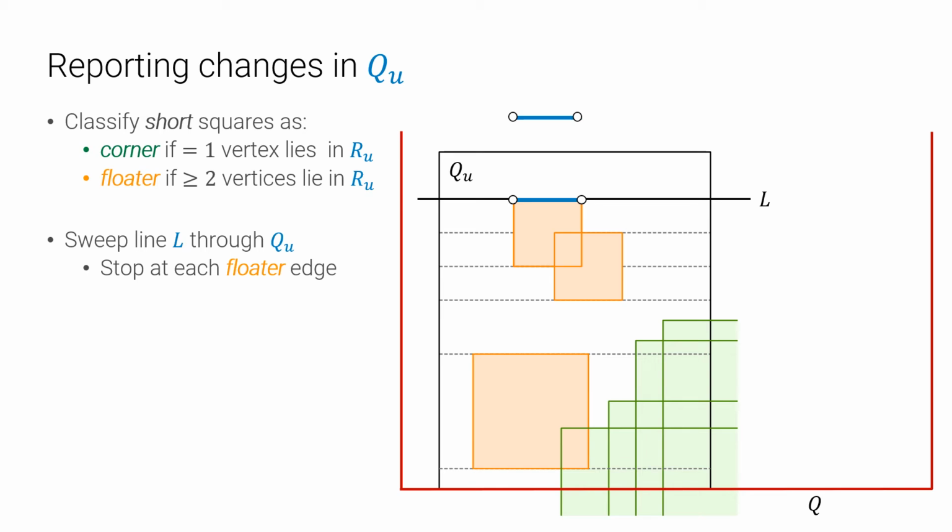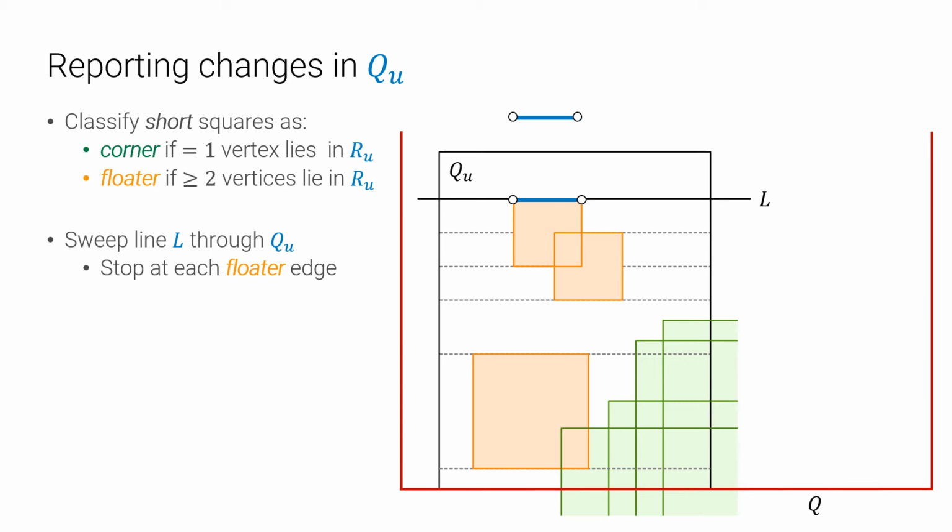So let's go through this example to illustrate how we actually implement this sweep line process. As we sweep our line L downwards, we maintain the floaters being intersected by that line L in a data structure. This is being used to represent the 1D cross-section of those floaters on the line.